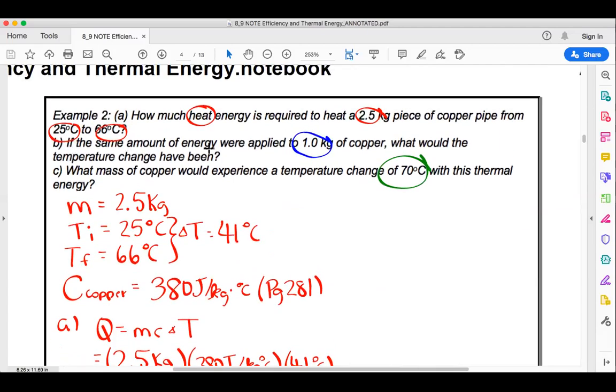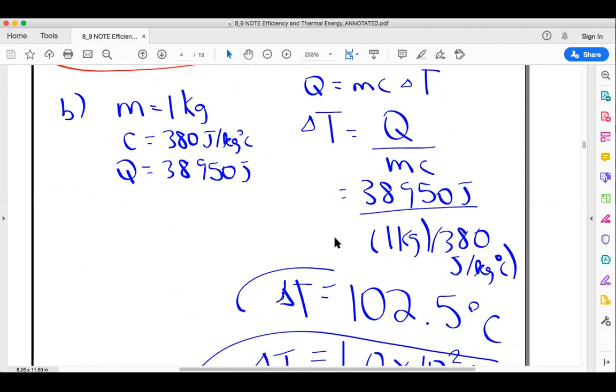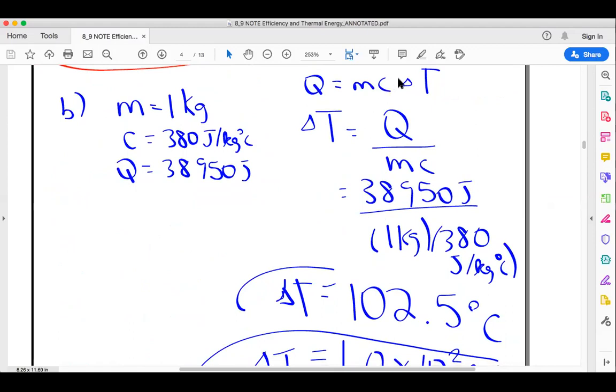Part B says if the same amount of energy were applied to 1 kilogram, so 1 kilogram is less mass than 2.5 kilograms, what would be the temperature change? So if it's Q equals MC delta T, if we isolate for delta T, they said the same amount of energy with less mass.